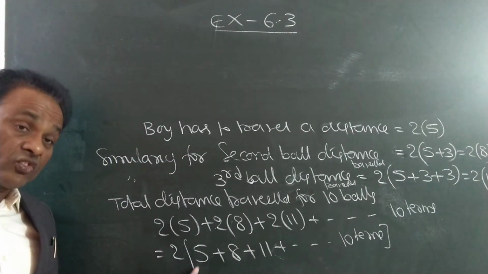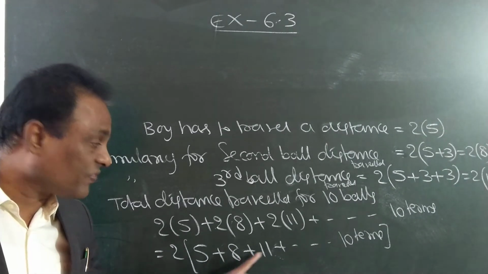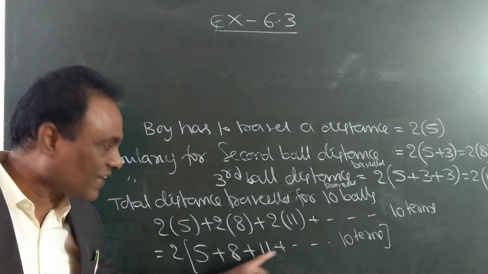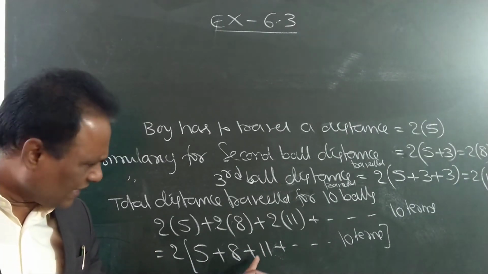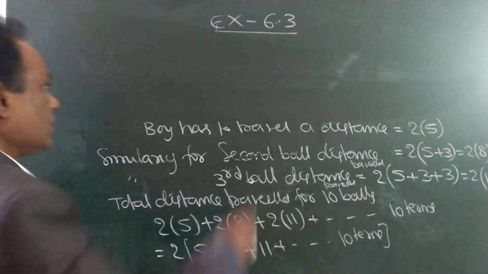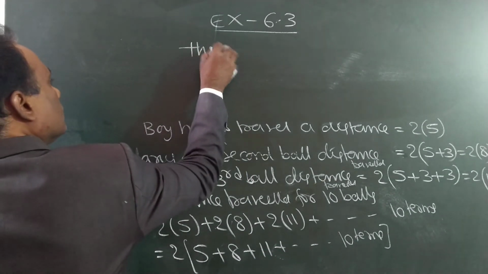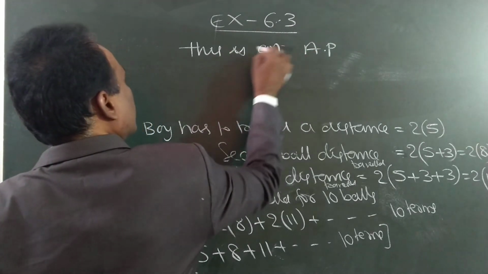What is the difference, students? 5 and 8 difference is 3. 8 and 11 difference is 3. That means this is an arithmetic progression. Difference same. 5 plus 3, 8. 8 plus 3, 11. Again, next also will be the same. So this is an AP, an arithmetic progression.